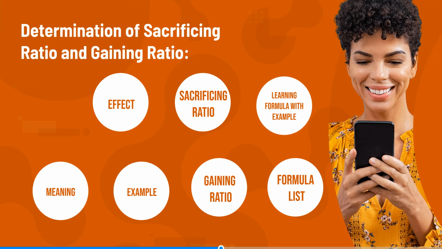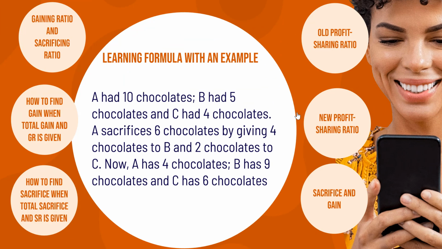We'll see the entire formulas, how we can learn them by means of an example with chocolates. So let's go into learning all the formulae with an example of chocolates. Let's say A had 10 chocolates, B had 5 chocolates, and C had 4 chocolates.